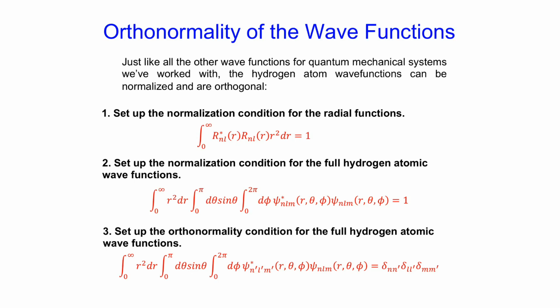This is going to be the end of this part of the video, but keep an eye out for another video that walks through using these normalization and orthonormality triple integrals for those of you who would like a little bit more practice and information on those.